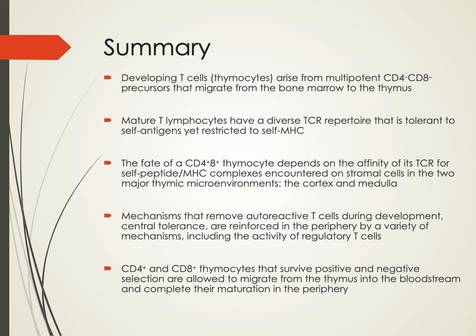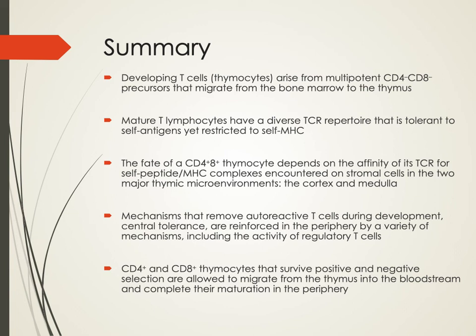There are a number of mechanisms in place in order to help remove autoreactive T cells during development, which is central tolerance, and this is further reinforced and maintained in the periphery to make sure that we minimize the chance of autoreactive T cells.